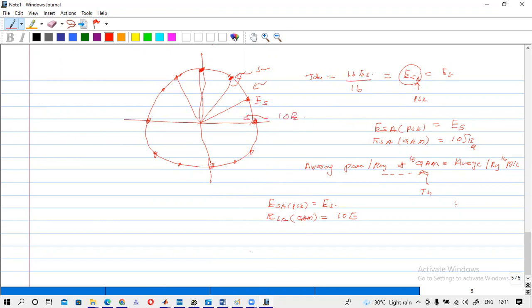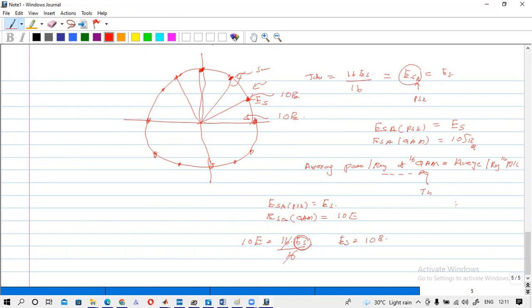So how to find the average symbol power? 10E is equal to 16 times each symbol energy divided by 16. So the energy of the symbol should be equal to 10E. So if you consider this point, the energy of this point is equal to 10E.